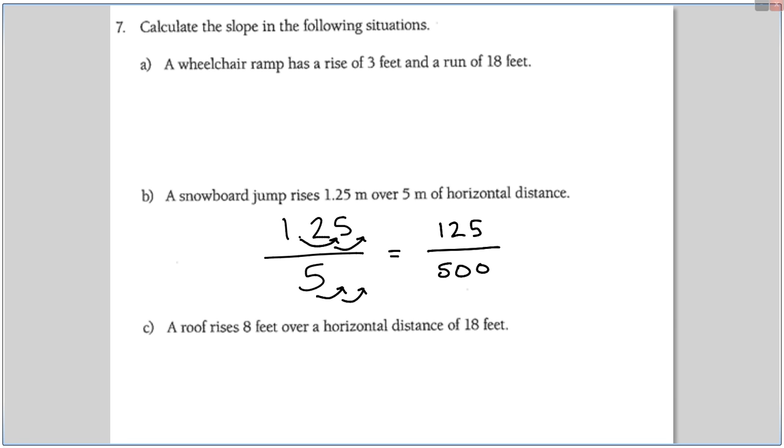You just hit enter, enter, and it'll translate it into a fraction. If you didn't know that already. So the slope of this question is 0.25 or 1/4. So you can put 1/4, you can put 0.25. I'll be happy with either.